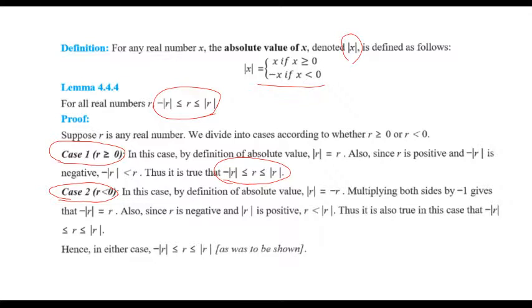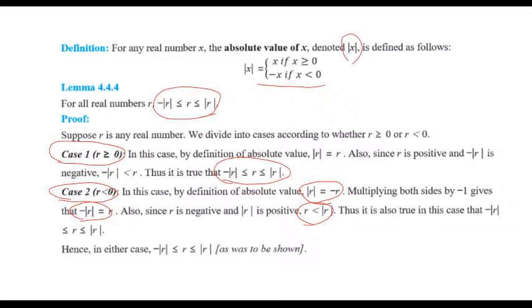In this case, R is negative, so the absolute value of R is negative R. Now by multiplying both sides by -1, it gives us R is equal to negative the absolute value of R. Also, since R is negative and the absolute value of R is positive, and any negative number is smaller than a positive number, R is less than the absolute value of R.